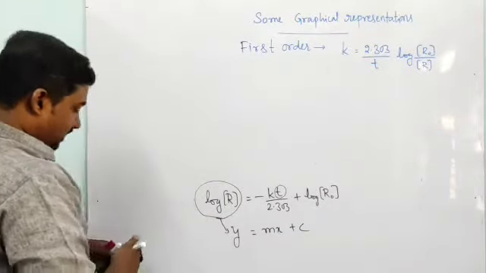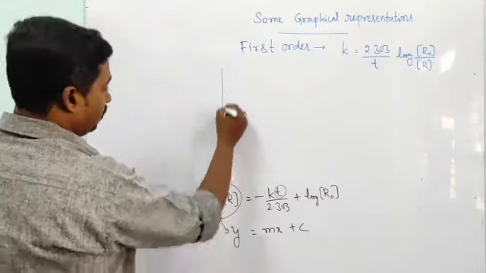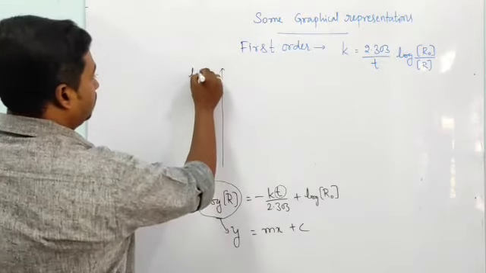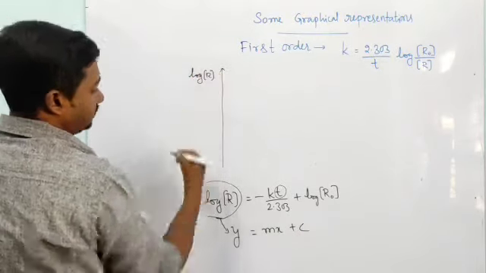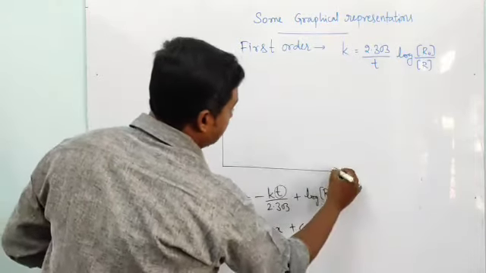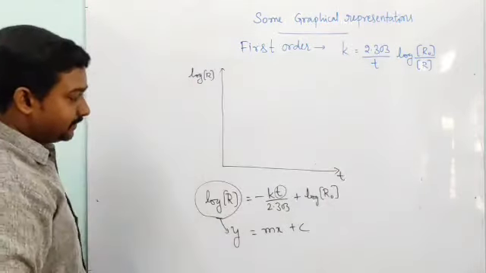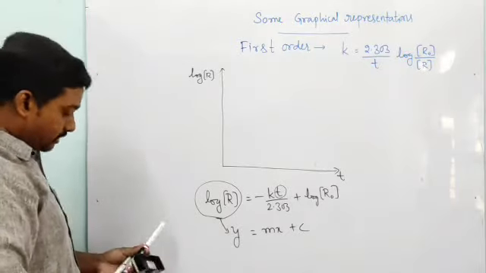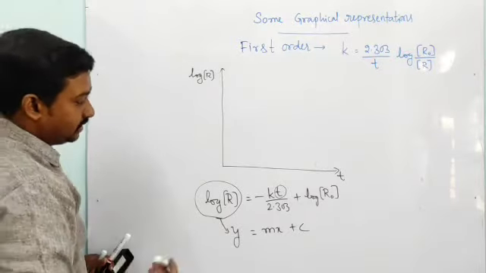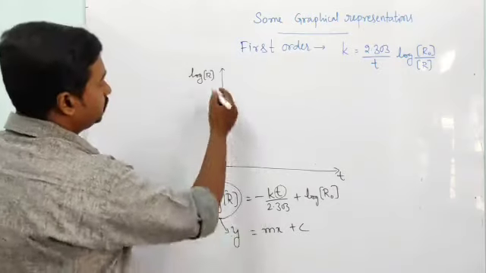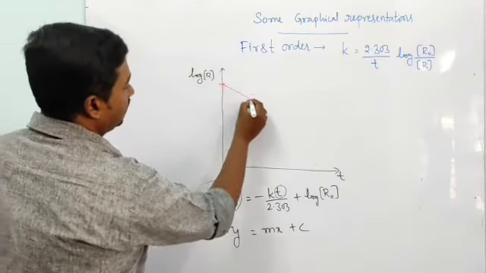As I said earlier, I'll take log of R on the y-axis, then time along the x-axis. Now the line will be a straight line but with a negative slope. So it starts somewhere here and decreases.